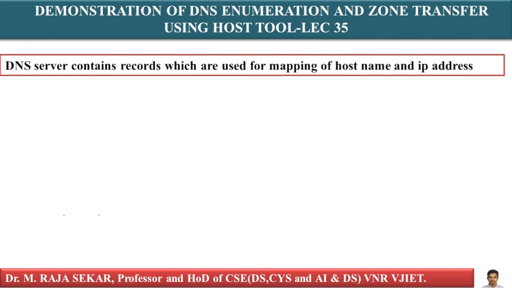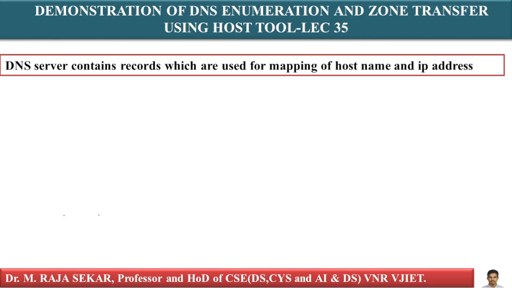DNS server contains records which are used for mapping host names and IP addresses. In general, if we type a request, say google.com, our request will go to the DNS server, then the DNS server will resolve the IP address for that website, and the request will be forwarded to that particular IP address.